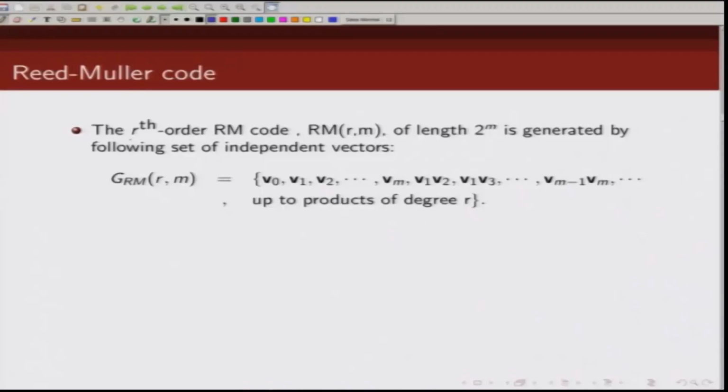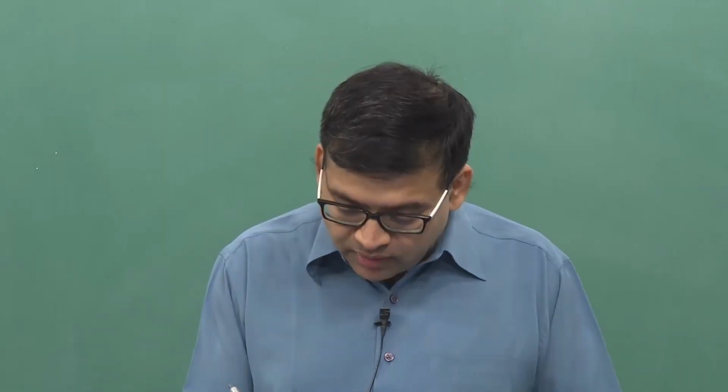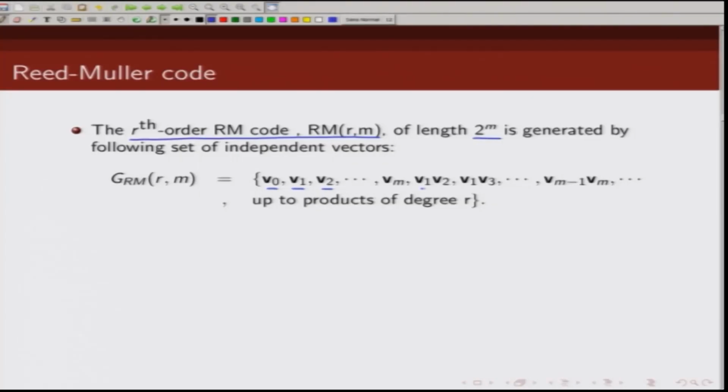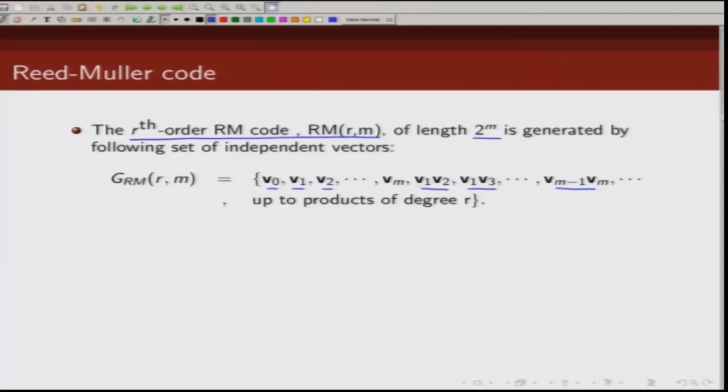So, an rth order Reed-Muller code which is of length 2 raised to power m can be generated by the set of independent vectors, where these vectors are V0, V1, V2, then Boolean products of second order which are V1 V2, V1 V3, these are all second order products, then we will have third order products, fourth order products depending on what the R is. So, we generate the Reed-Muller code using these tuples, basically V0, V1, V2 and their Boolean products.